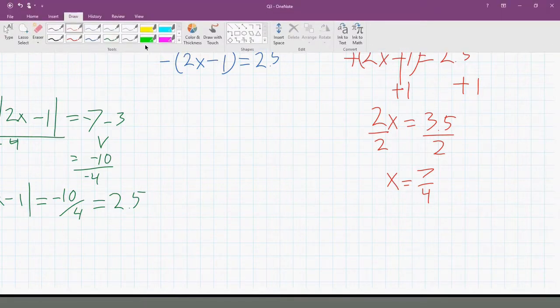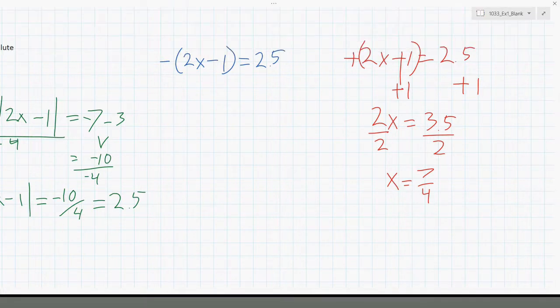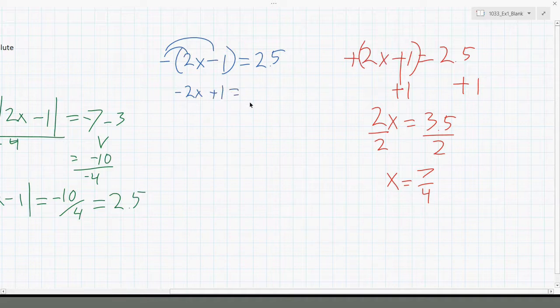We're going to do basically the same thing with the negative form now, but first of all we have to distribute the negative sign, so we're going to make this negative 2x plus 1 equals 2.5. That means we have to subtract 1 from both sides of the equation because it's a positive 1. Those cancel out on this side.